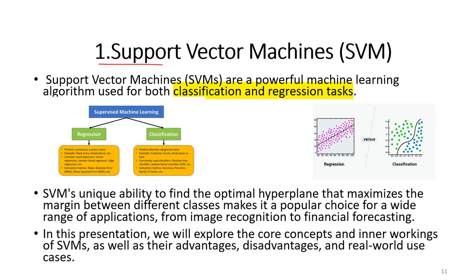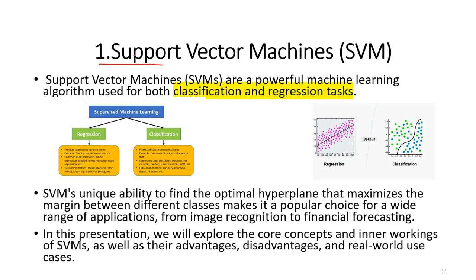So if you are talking about SVM, it is a very clear and symmetric algorithm. In this video, we will discuss classification and regression tasks, and by the end of this video, you will clearly understand what SVM is, how it works, why it's so powerful, and where it is used in real life examples.